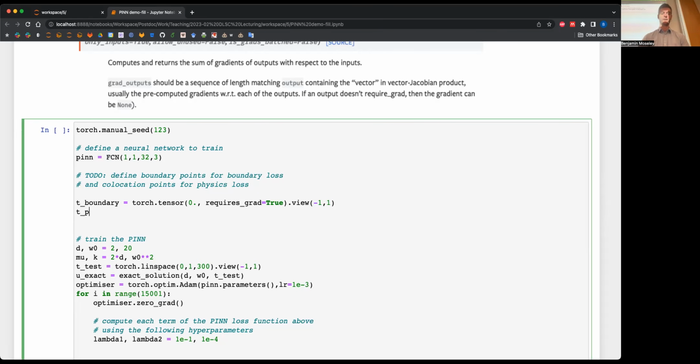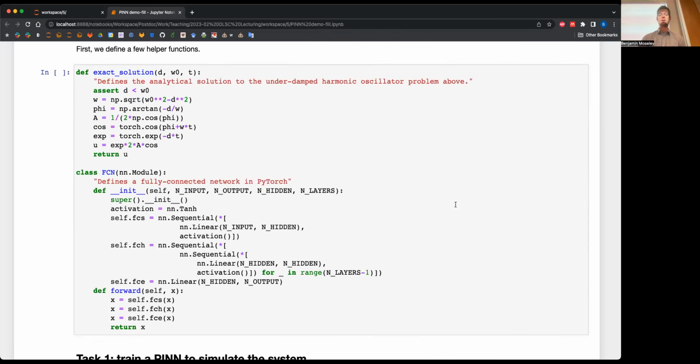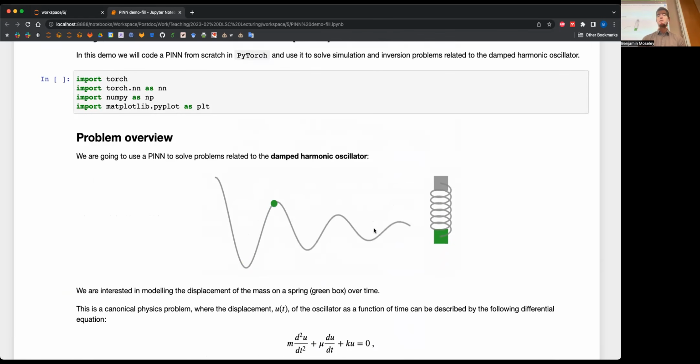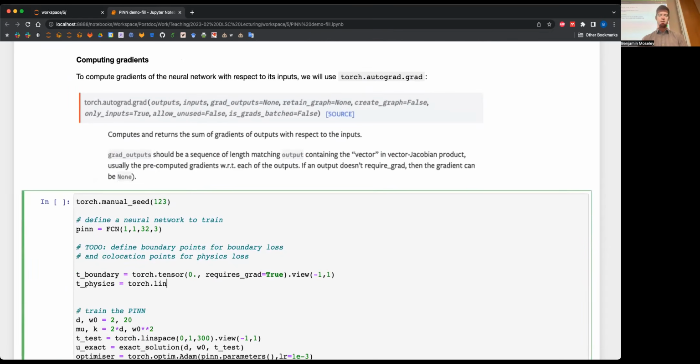Okay, so then we can do the same thing for the physics loss. For this case, we need to sample points across the whole domain, so that we can make sure the residual is 0 everywhere. I'm going to use a linspace between 0 and 1, and I'm just going to choose 30 points.